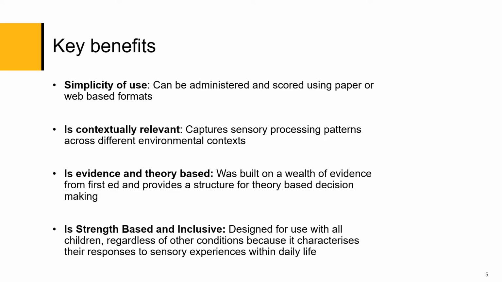It's evidence and theory based. It was built on a wealth of evidence from first editions and provides a structure for theory-based decision making. And lastly, and probably the most importantly, it is strength-based and inclusive. It was designed for use with all children, regardless of other conditions, because it characterises their response to sensory experiences within daily life.